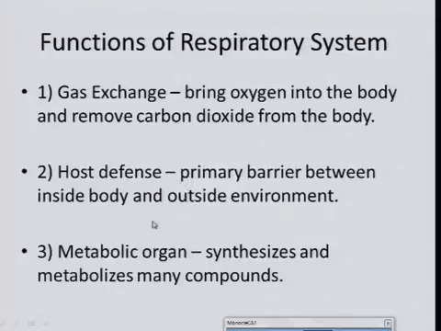We'll discuss that. And thirdly, we're not going to discuss much, but we will touch on it slightly. It's a metabolic organ. It synthesizes and metabolizes many compounds. Many of these compounds are involved in other organ systems, but the lung in general is a filter. All of the blood in your body eventually passes through the lungs quite often.